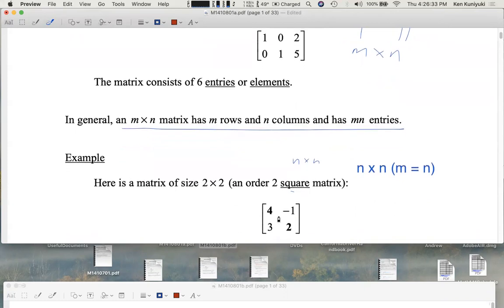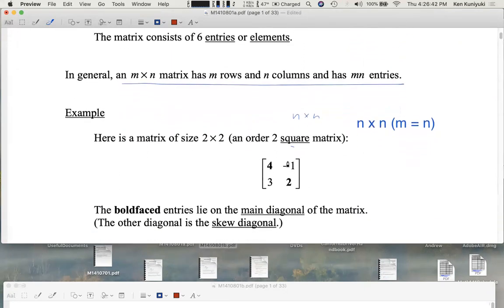So for example, this here is a 2 by 2 square matrix, or an order 2 square matrix. The bold-faced entries here lie on what's called the main diagonal. It extends from the upper left to the lower right. Every square matrix has a main diagonal, and we're going to see that's very important later on in this section.